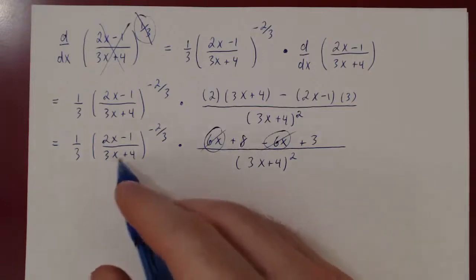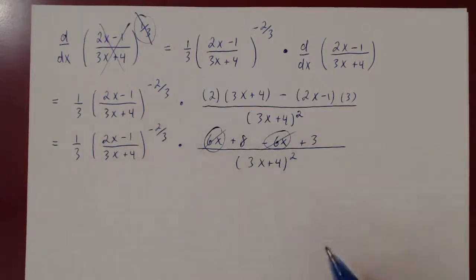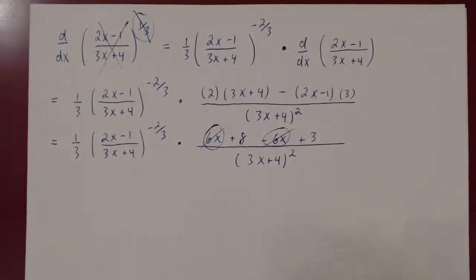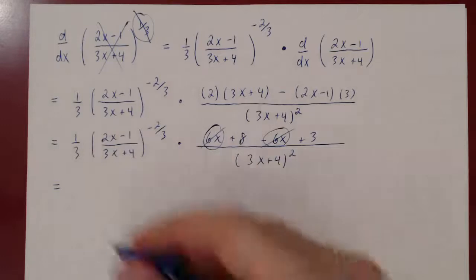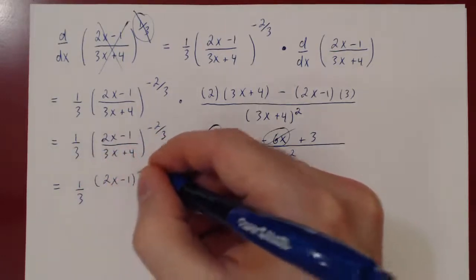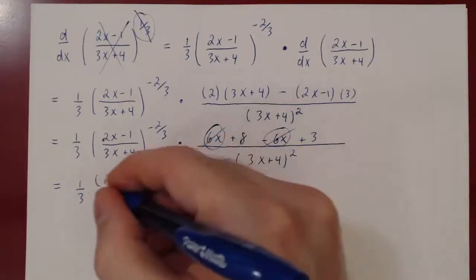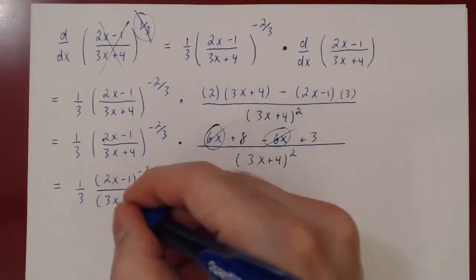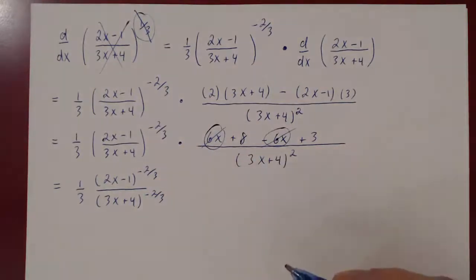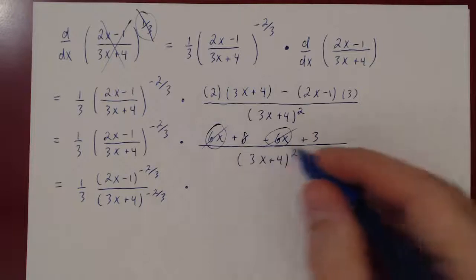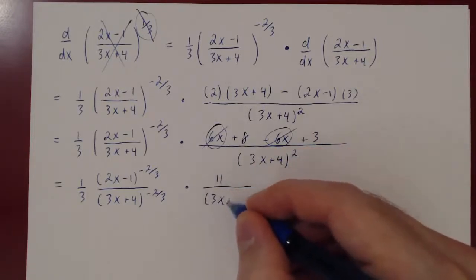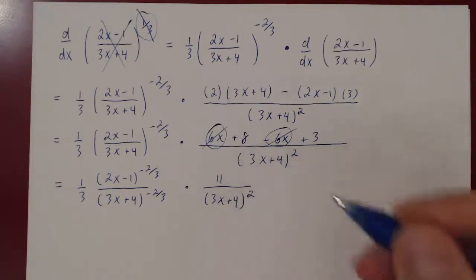And if you notice here, there's another term of 3x plus 4, and let's split those two up, and then we'll regroup similar terms. So what does that give us? Well, 1/3 times 2x minus 1 to the negative 2/3, times 3x plus 4 to the negative 2/3, times 11 over 3x plus 4 squared.